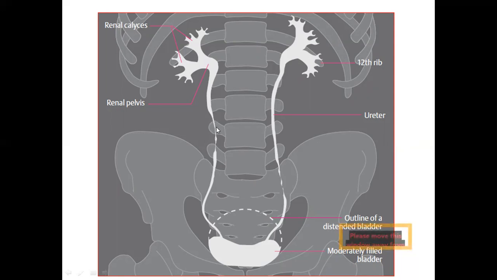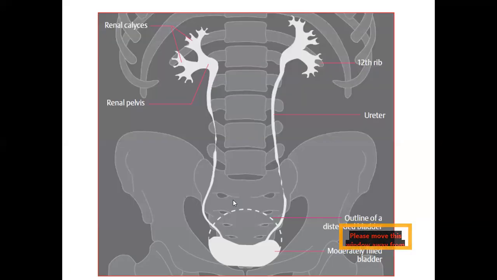In this way, we can check if there is any constriction. In ascending pyelogram, the dye is allowed to move through the urethra. It enters the urinary bladder and finally fills up the pelvis, then the major and minor calyces of the kidney.